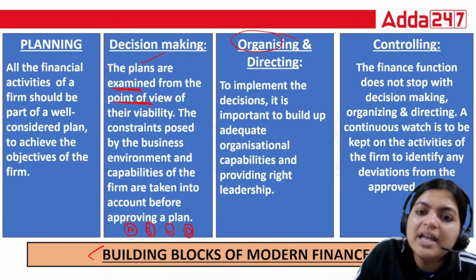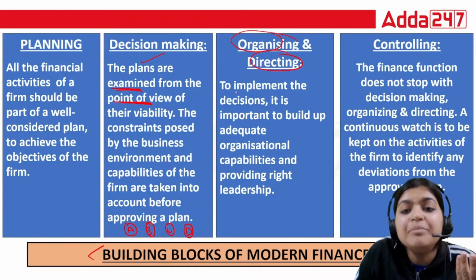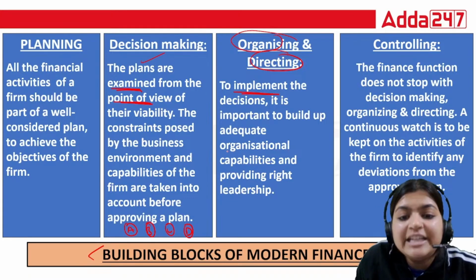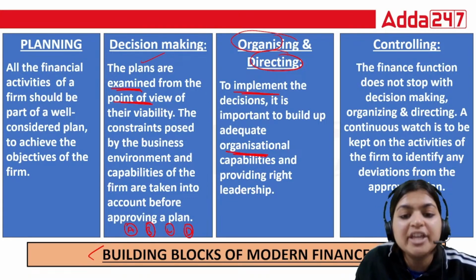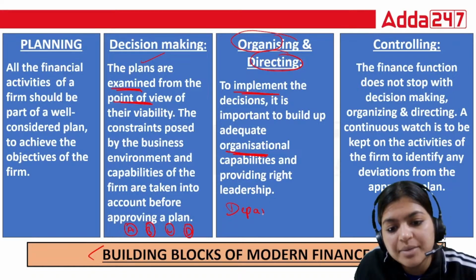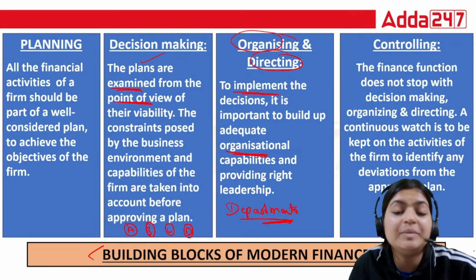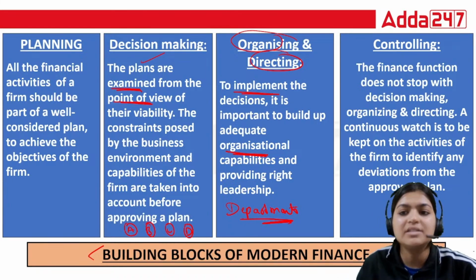Then organizing and directing: how to implement the decision that you have selected. Correct? Here you will develop your organization, you will develop your departments. Who will lead? Who will be the manager here? That is directing.